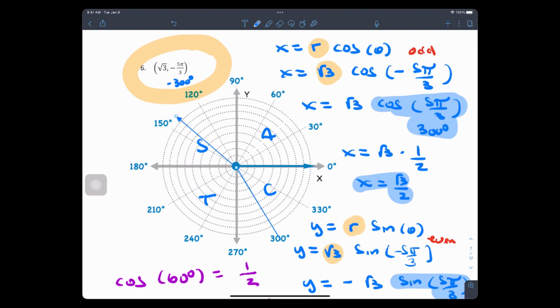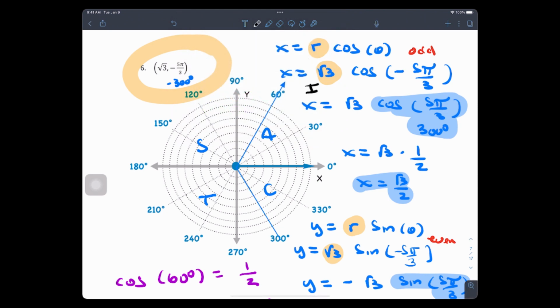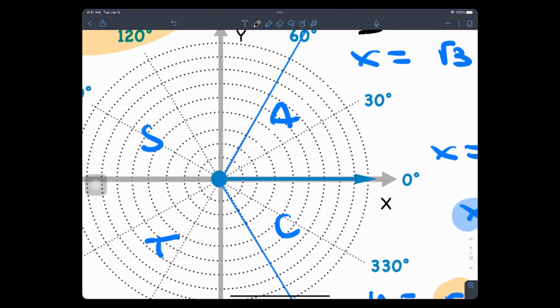Rotate what? Isn't that negative 270 plus another 30? Ah, that makes a lot of sense. This is a quadrant 1 answer. Okay, and what's the square root of 3? Do you guys know what the square root of 3 is? Let's get out the TI.